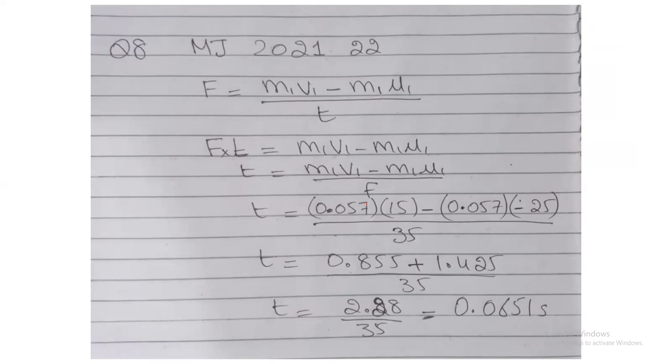So it will be 0.057 multiplied by 15, I've converted grams into kg, minus 0.057 into minus 25, and the whole thing divided by 35. So you will have 0.855 plus 1.425, and the whole thing divided by 35, that is 2.28 divided by 35, and that is 0.0651 second.